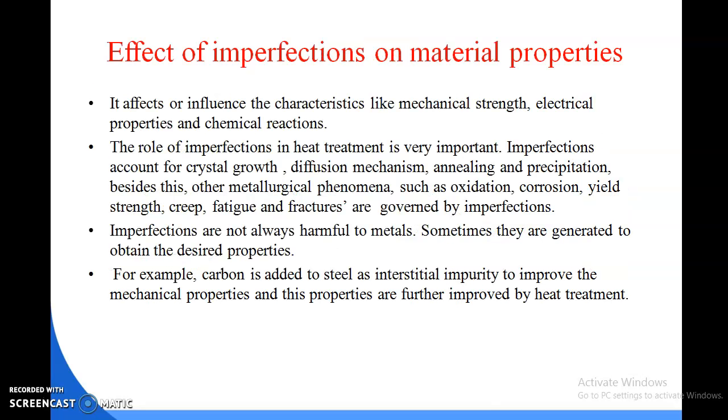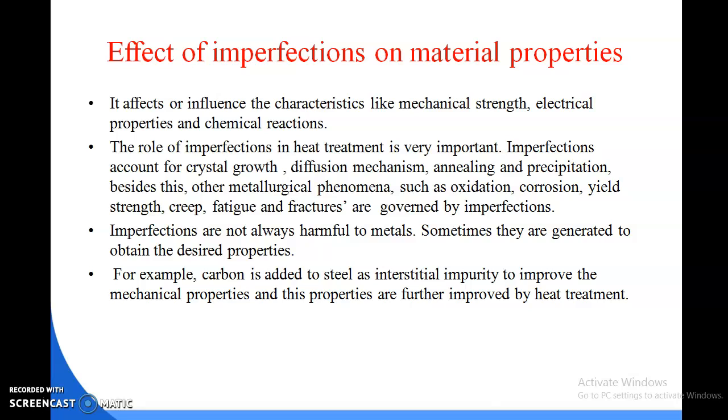Next is the effect of imperfection on material properties. So what are the effects when a crystal material has imperfections or defects, like point defects, line defects, or surface defects? First, they affect or influence characteristics like mechanical strength, electrical properties and chemical reactions.